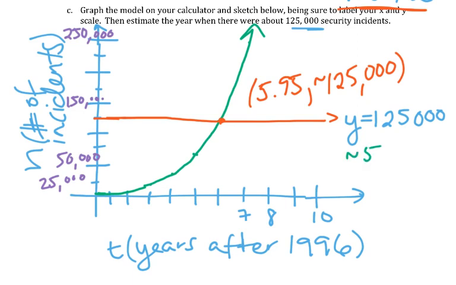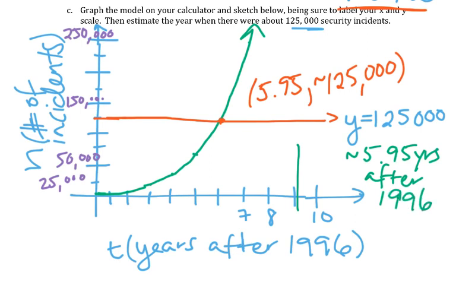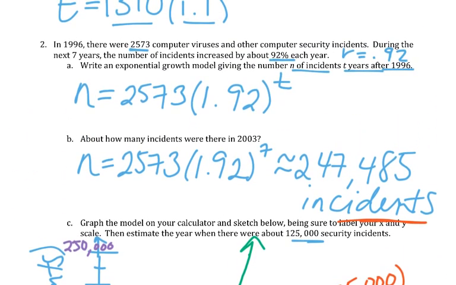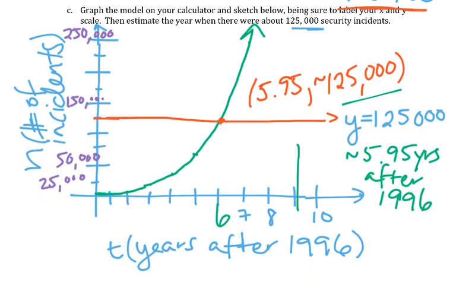So about 5.95 years after 1996 is when you had about 125,000, or you could show that you know that that year is actually, if we're adding 6 years to 1996, it would be 2002. So that's about the year when we had 125,000 security incidents.